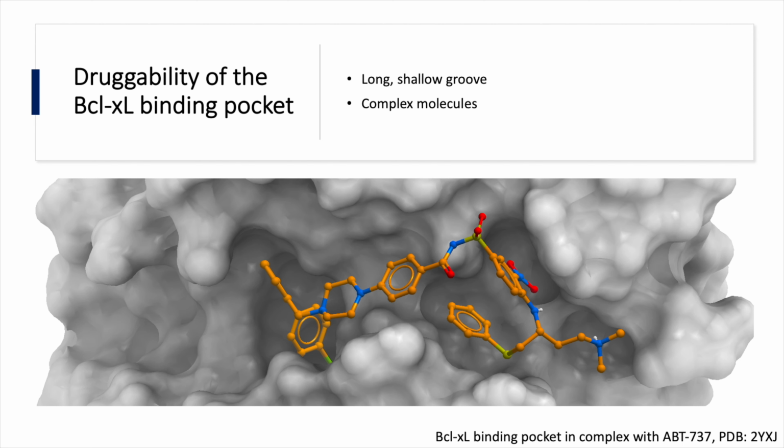The shallowness of the groove limits the number of surfaces to make interactions with, so the best way to achieve binding would be to extend lengthwise and exploit the surfaces that are available. As a result, compounds with Bcl-xL activity are very long and complex molecules, like ABT737.